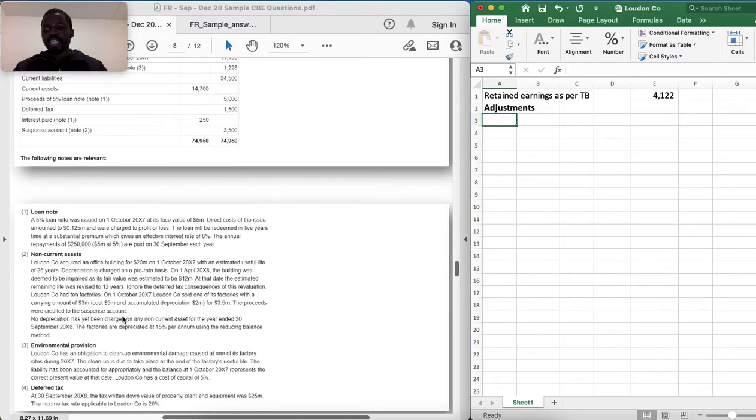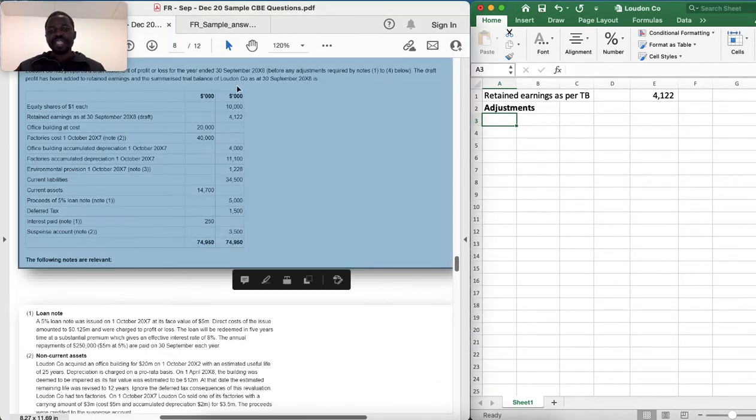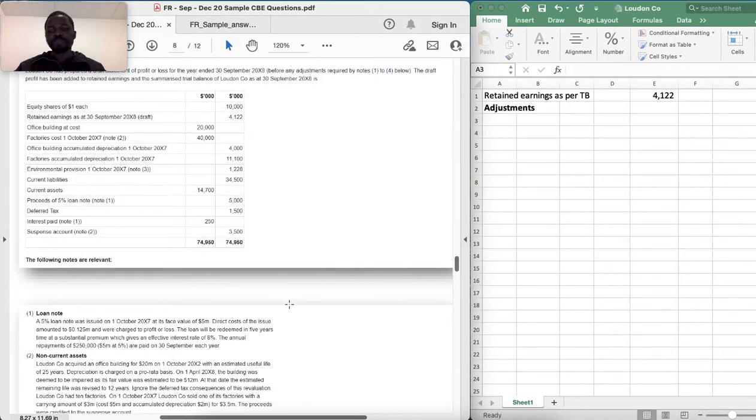Now let's go to note number 1. Note number 1 is the loan note. We are given here proceeds of 5% loan note, 5,000. A 5% loan note was issued on 1 October 20x7. That's the beginning of the year, at its face value of 5 million. This is 5,000 in thousands, so it's 5 million.